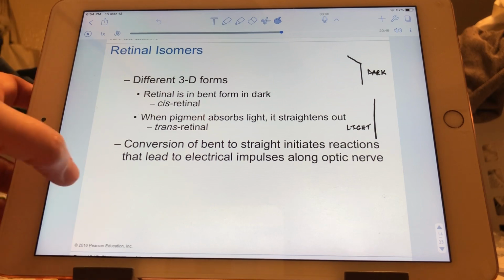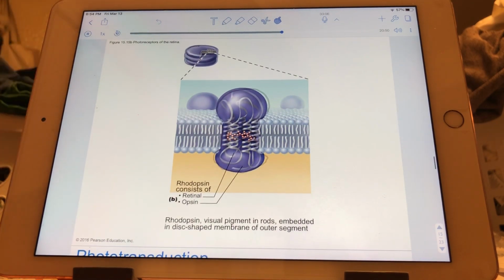Slide number 15. So at the top of the slide, here are some of those discs in, for instance, the outer segment of a rod. And often we use rods as our model, but cones really work the same way. Okay, and embedded in the membranes of those discs, we can find lots and lots of different proteins, but just one of those proteins is an opsin.